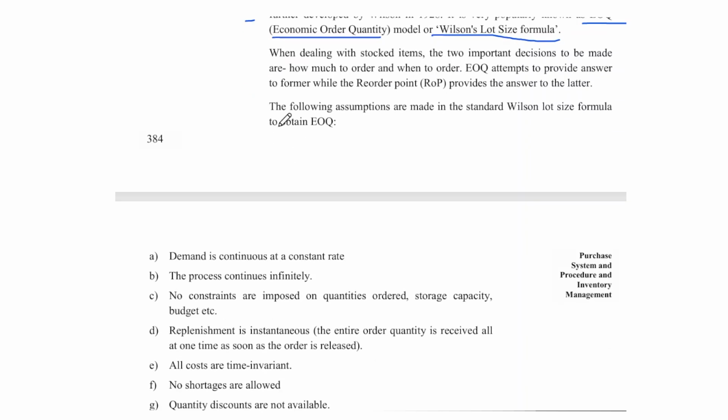When dealing with stock items, the two important decisions to be made are how much to order and when to order. EOQ attempts to provide the answer to the former, while the reorder point, that is ROP, provides the answer to the latter.